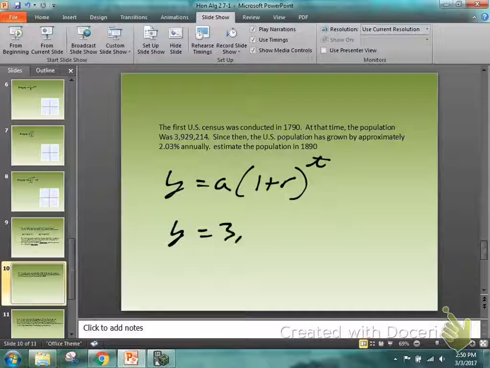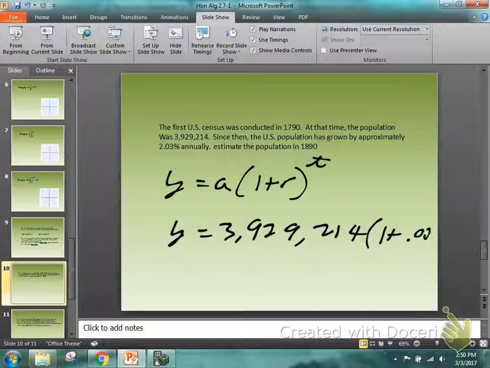Our initial was 3,929,214. 1 plus your rate. Your rate is 2.03%, so what number are you going to use? 0.0203. And then how many years is 1890 after 1790? 100.